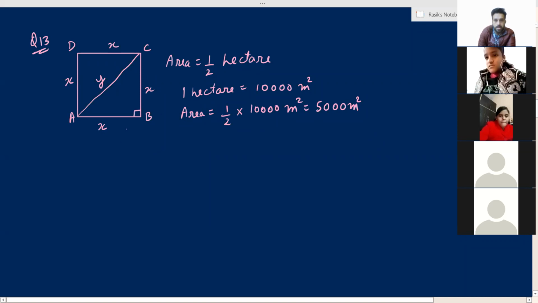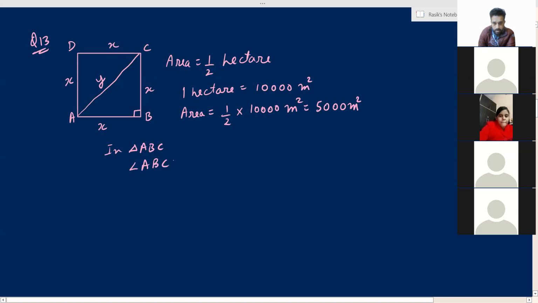In a square, all angles are right angles. So in triangle ABC, angle ABC is equal to 90 degrees, because all angles in a square are right angles.